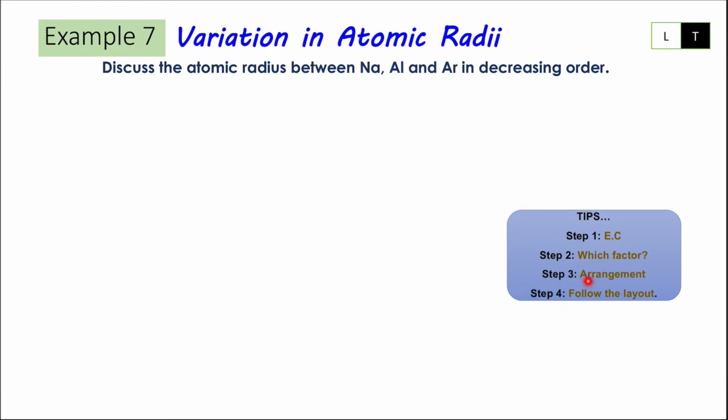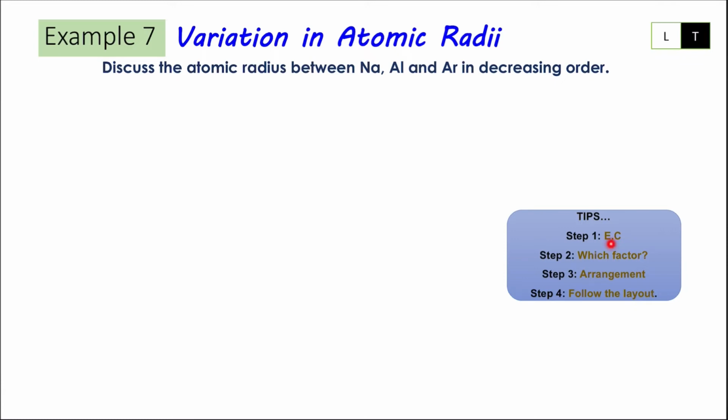So arrangement only needed when you have 3 or more elements that you need to discuss. From the previous example, you got example 6, only 2 elements. That is why you don't have to put the arrangement. So I hope you are clear for this part. And after that, just follow the layout that you are needed.